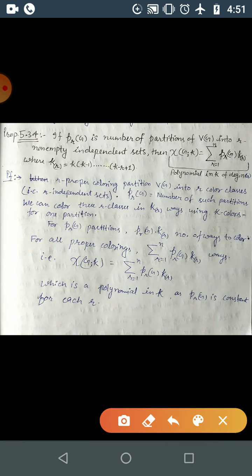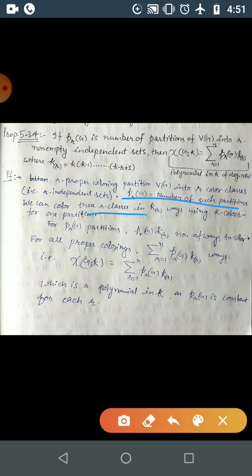So this logic is being used here. So here R proper coloring is explained. P_R is the number of such partitions into R color classes, correct. So we can color these R classes, or you can just say one class represents the same color, or you can just take one vertex only. So these are vertices, and one vertex is getting the same color, correct, one color only.